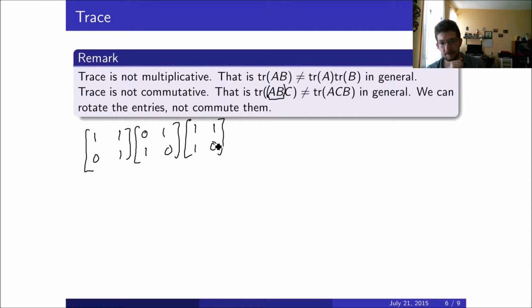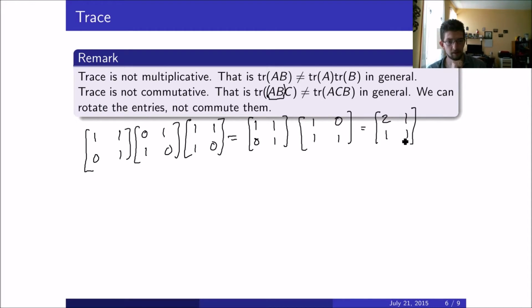Okay, so if I multiply these together, I get 1, 1, 0, 1 times the product of the other two, and this is going to give me 2, 1, 1, 1. Okay, cool. So the trace of this top one is 3. So the trace of ABC is equal to 3.